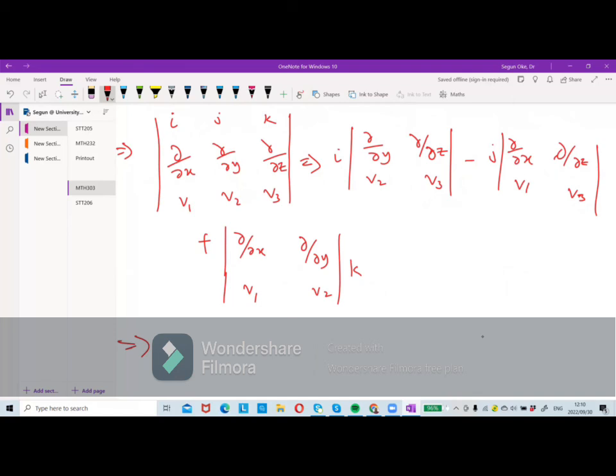So we move on. All you need to do is just cross multiply. The first one will go to dV3 over dy. Are you following me now? Minus dV2 over dz, i, minus dV3 over dx, sorry, minus dV1 over dz.